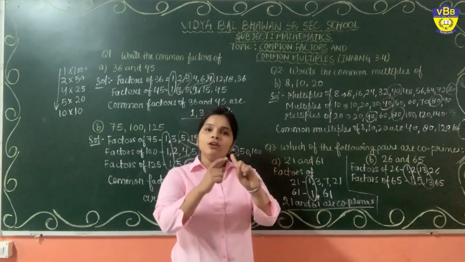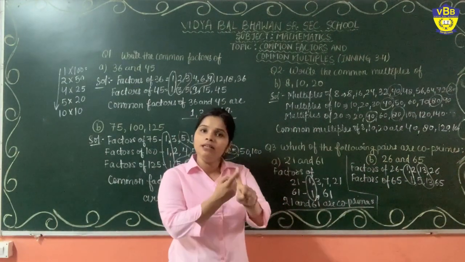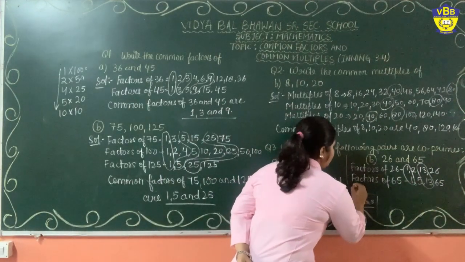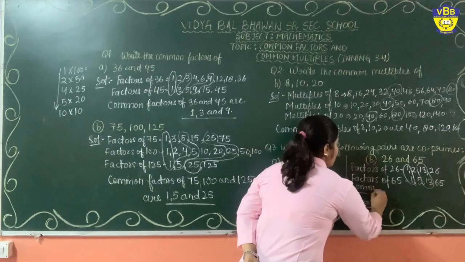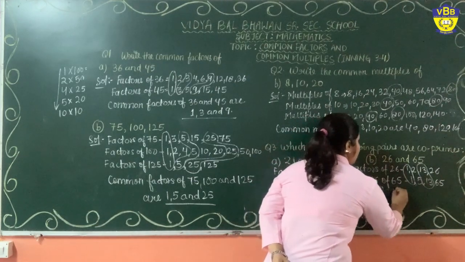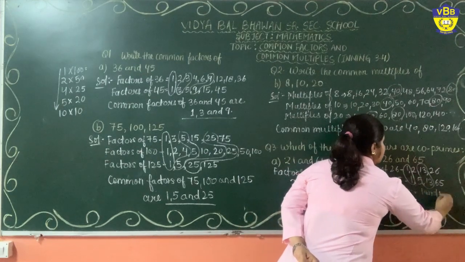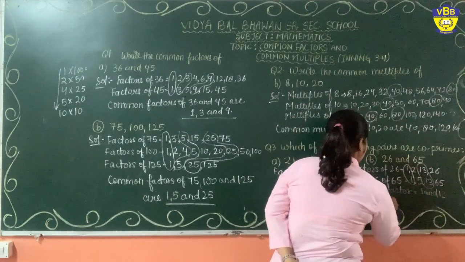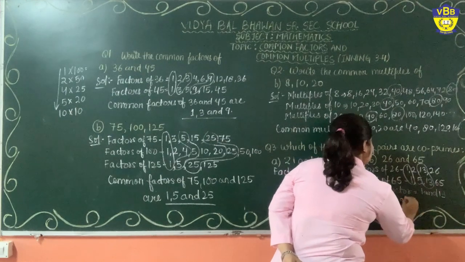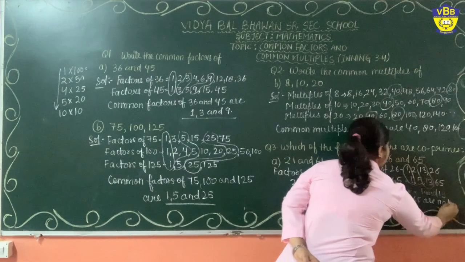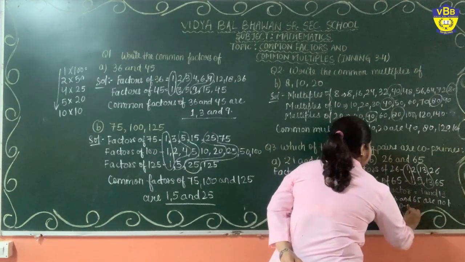The common factor should only be 1, then the given pair will be co-prime. So we will write common factors we have here: 1 and 13. So 26 and 65 are not co-primes.